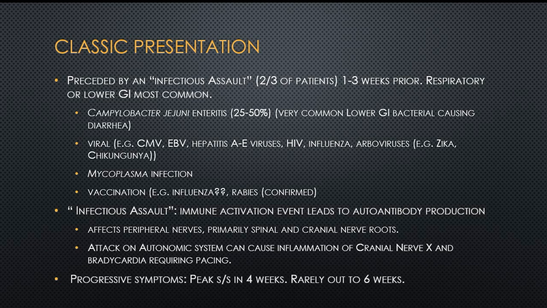Now, they have identified some common agents: gastroenteritis in some of them, viral influenza, hepatitis, HIV, etc., a wide variety of stuff, and occasionally vaccinations. Now, there's a couple cases of associated rabies vaccinations, a couple of them are some dubious relations to influenza.